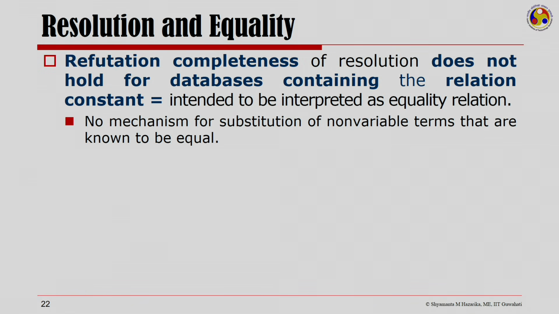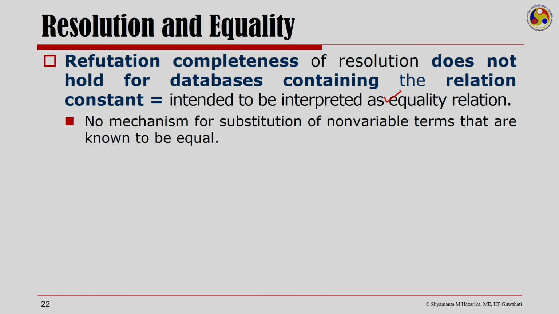Now, let us take some time to understand the link between resolution and equality. Refutation completeness of resolution, as we have stated before, does not hold when databases contain the relation constant of equality, which is intended to be interpreted as an equality relation.